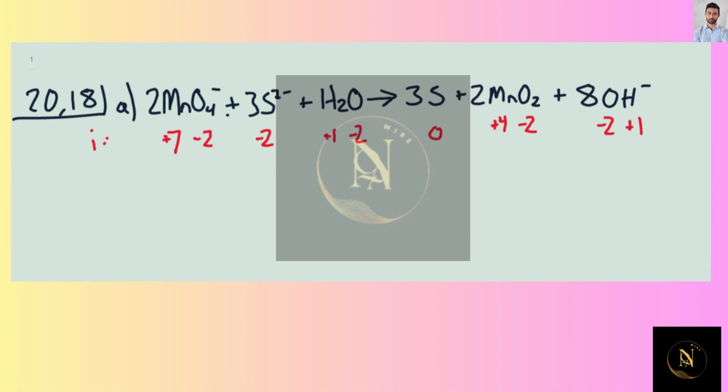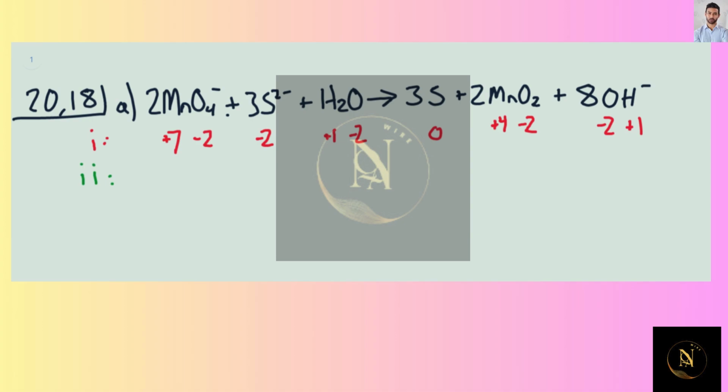So now in part 2, they ask us the total number of electrons transferred. We can see that the redox reaction that's occurring here is we have 3 electrons being transferred from sulfur to manganese.